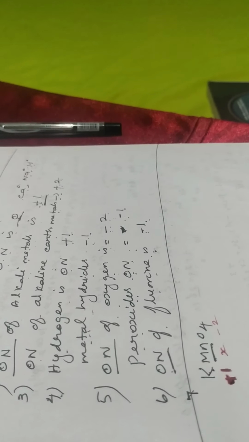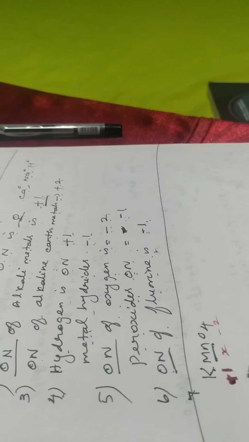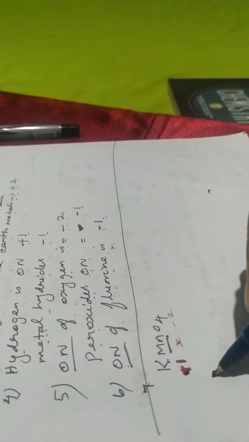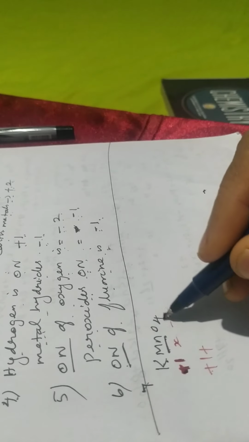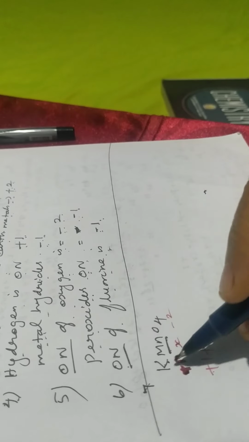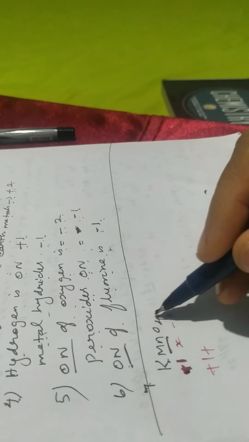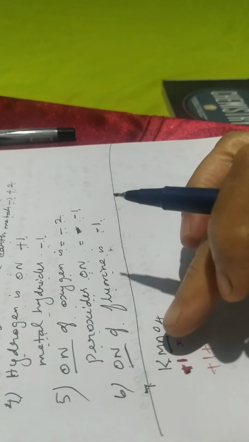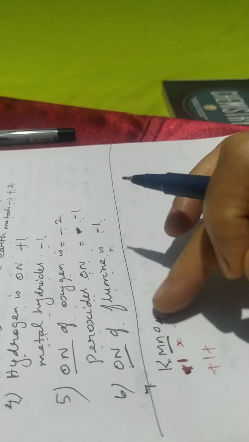See, this is potassium. It is +1. This is a molecule, and the total oxidation number of all the elements present here should be 0.